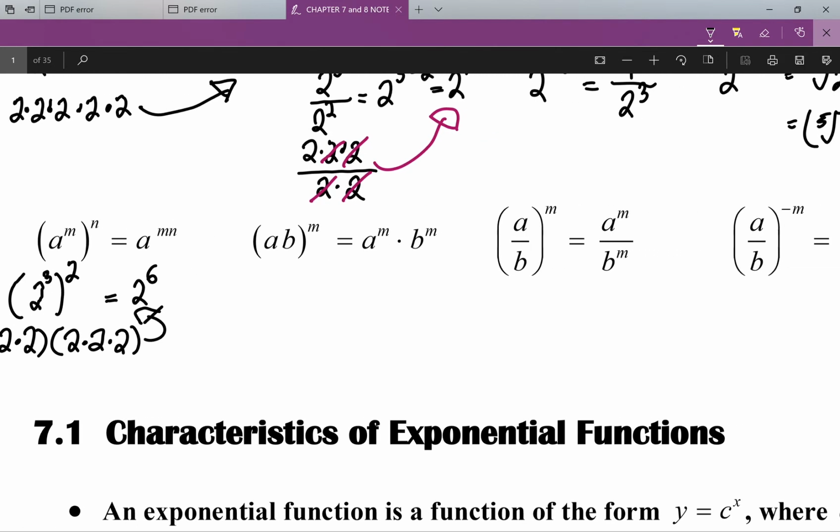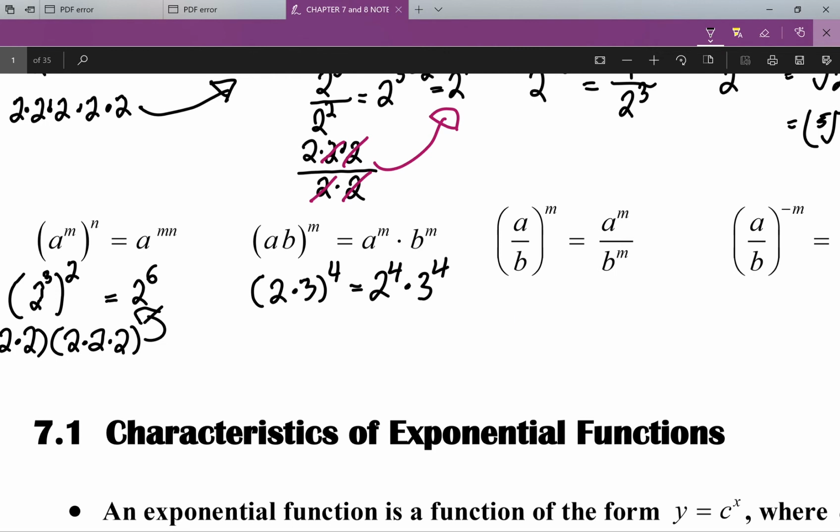The next one, if I have something multiplied by something else, here you'll notice that I do not have to have the same base. So if I had, for example, 2 multiplied by 3 all to the power 4, that 4 could go on to each of these individually. So that would be 2 to the power 4 times 3 to the power 4.